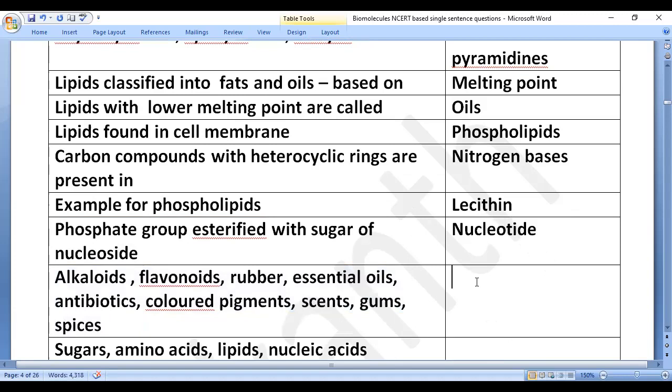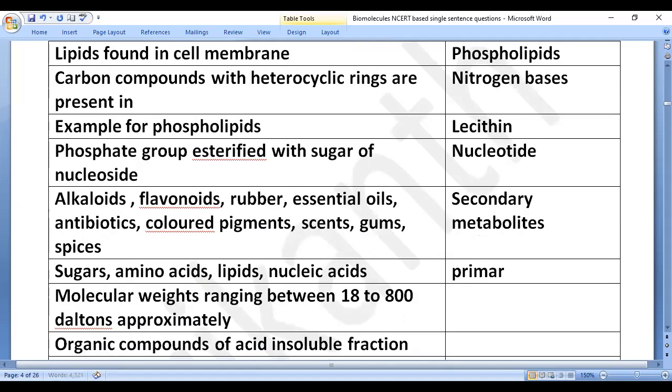Alkaloids, flavonoids, rubber, essential oils, antibiotics, colored pigments, gums and spices are secondary metabolites. Sugars, amino acids, lipids, nucleic acids are called primary metabolites.